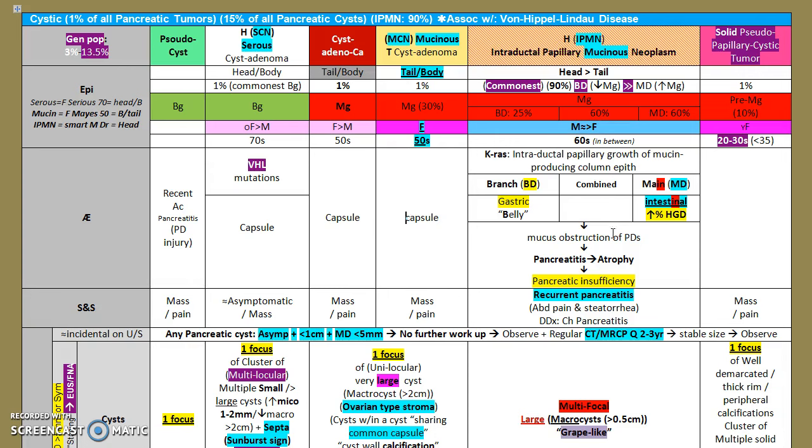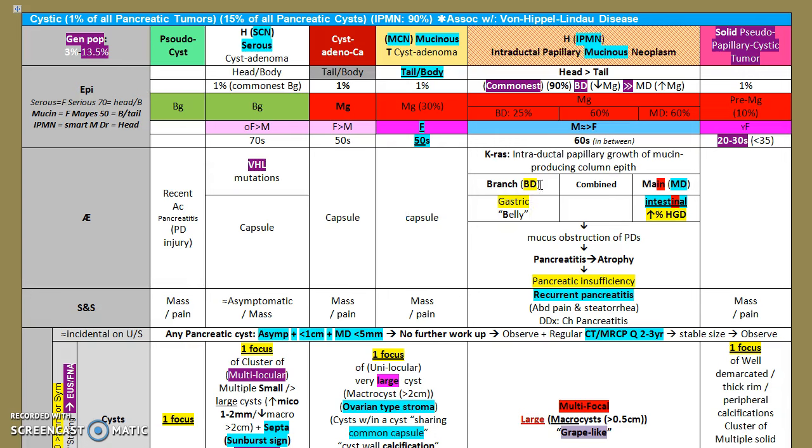The other thing about the IPMN that you have to keep in mind is that there are three types of it: a branch duct, a mixed or combined type, branch and main duct, and only main duct type. The main duct type, main intestinal, they have intestinal cells.